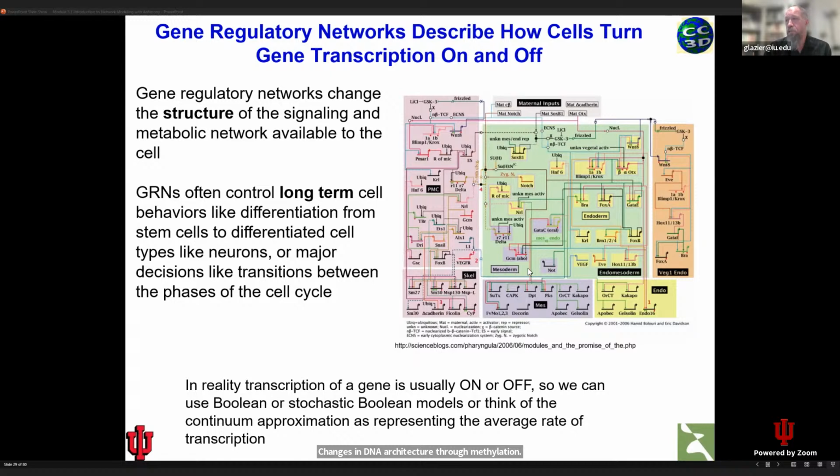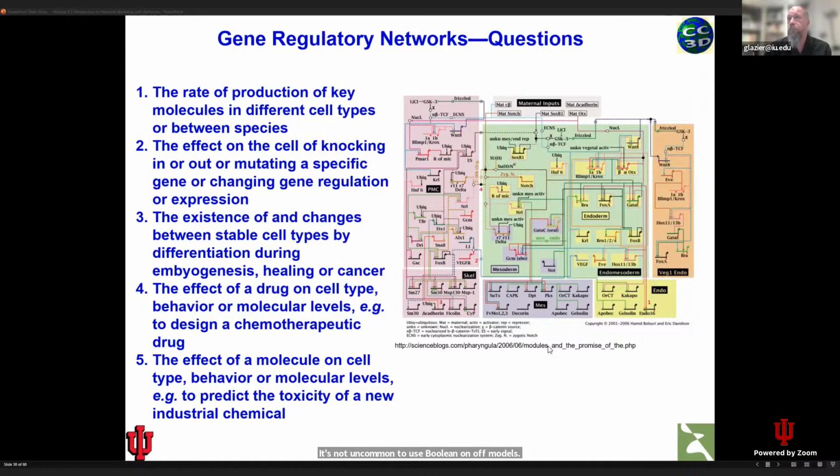Because genes are often, although not always, either on or off, it's not uncommon to use Boolean on-off models for gene signaling. Kinds of questions you might ask are: how does the rate of production of particular molecular species differ in different cell types or between species?